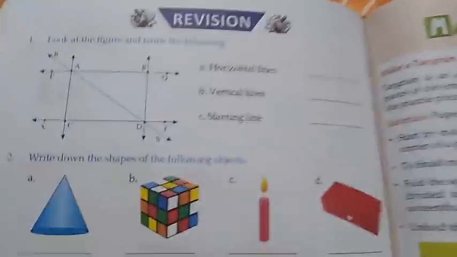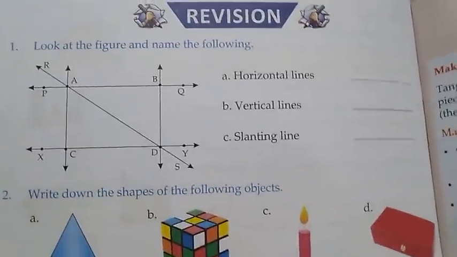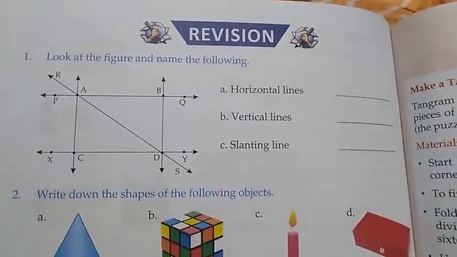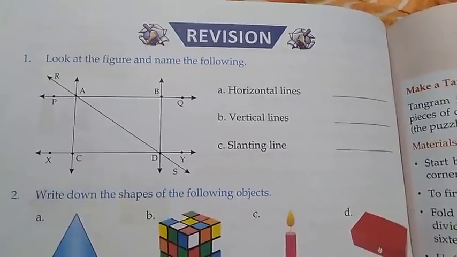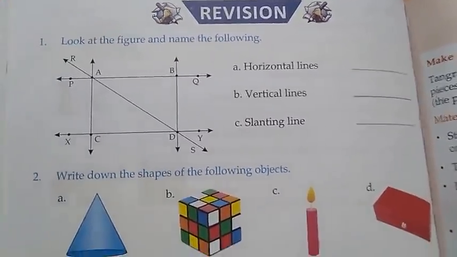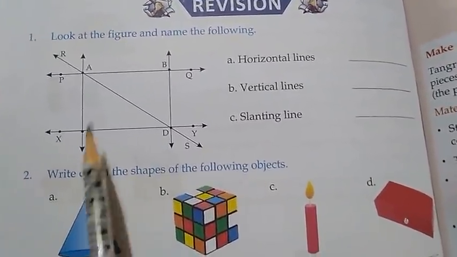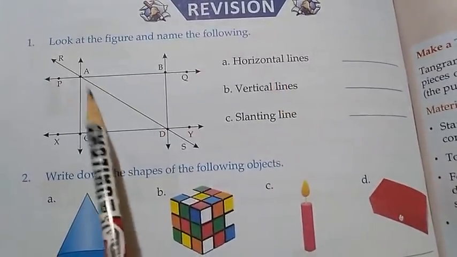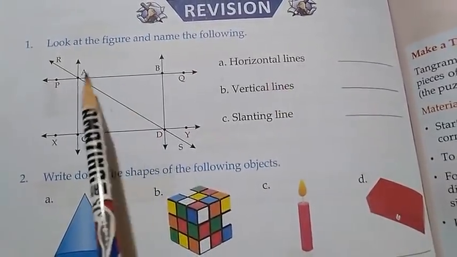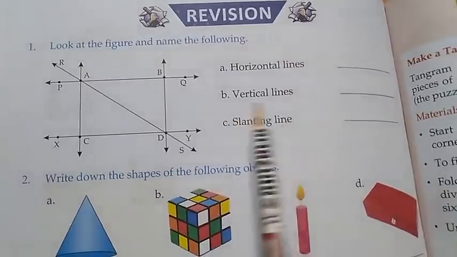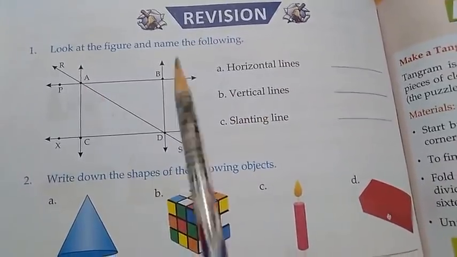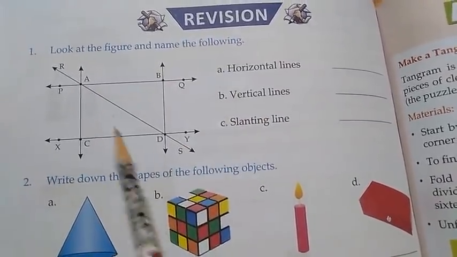Now we come to the last exercise, that is the revision exercise. You are going to do your revision exercise yourself only. Here you have to mention the horizontal lines, vertical lines and slanting lines from the given figure.